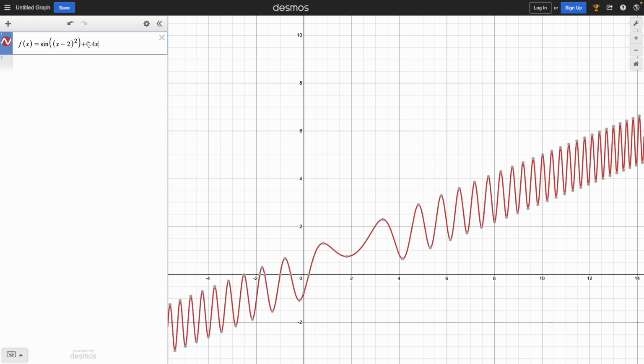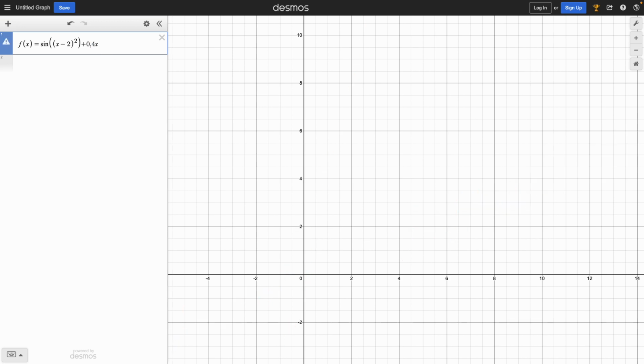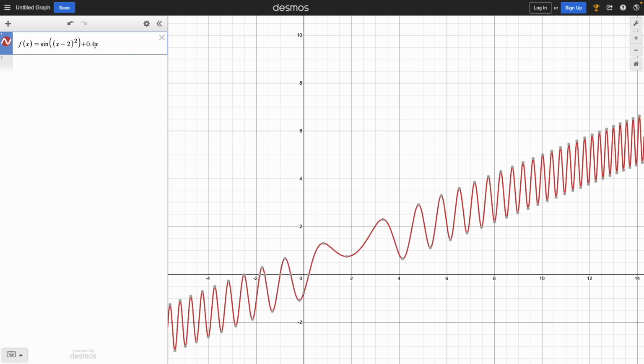Please notice that I don't use commas for separating decimals here. I'm just using dots. If I had used a comma, it would give me an error. It wouldn't understand what that is. So you have to use the dot operator for separating decimals.